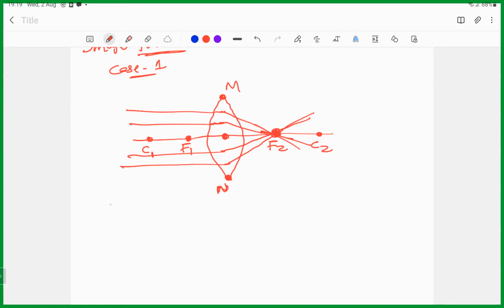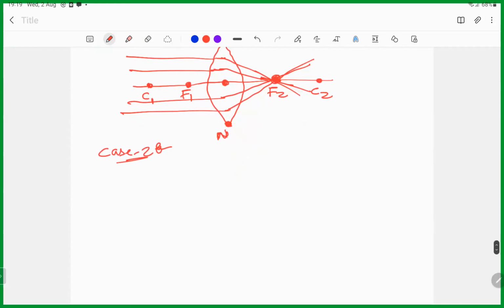So what about case 2? Object is at C. F2, C2, F1, C1. So let's say the object is like this.